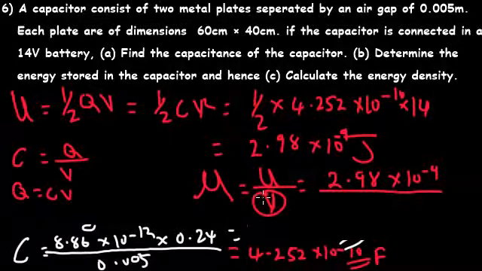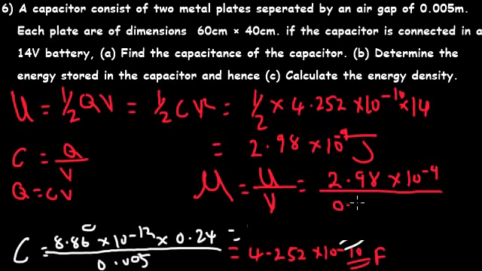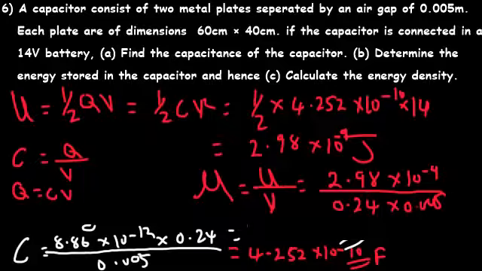So the volume is A times D. The area is 0.24, and the separation distance is 0.005. Let's plug in everything and get our final answer.